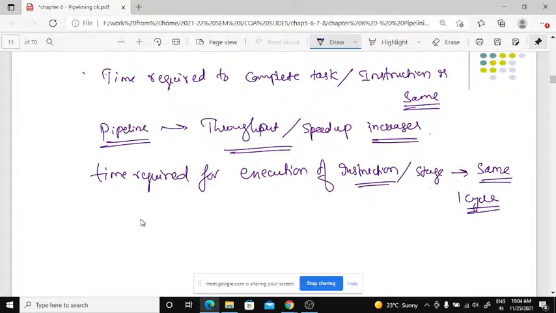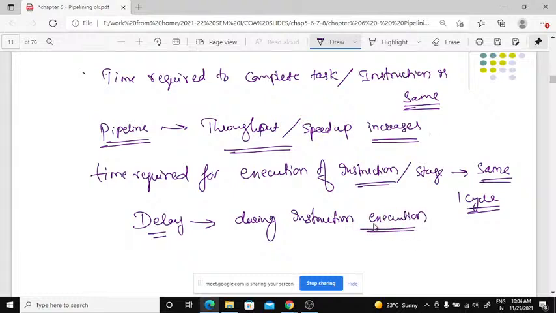But if there is any delay in the availability of instructions or operands during the instruction execution, then the throughput will decrease.